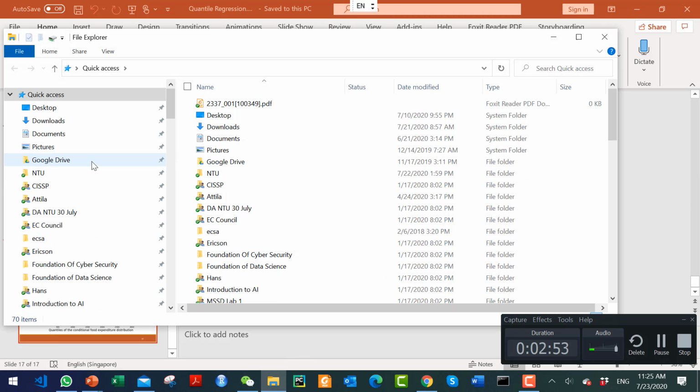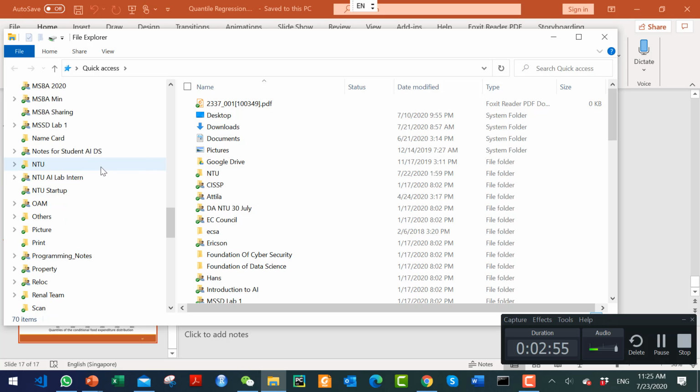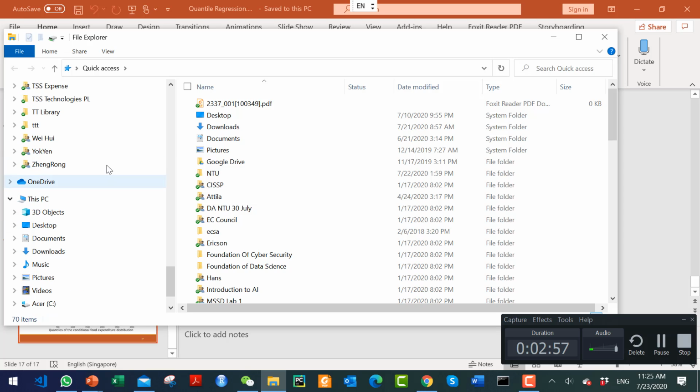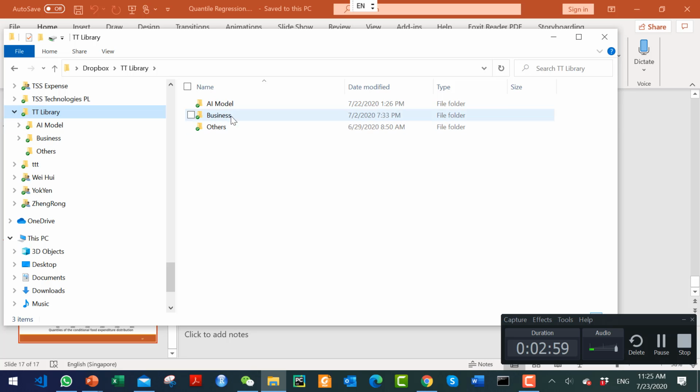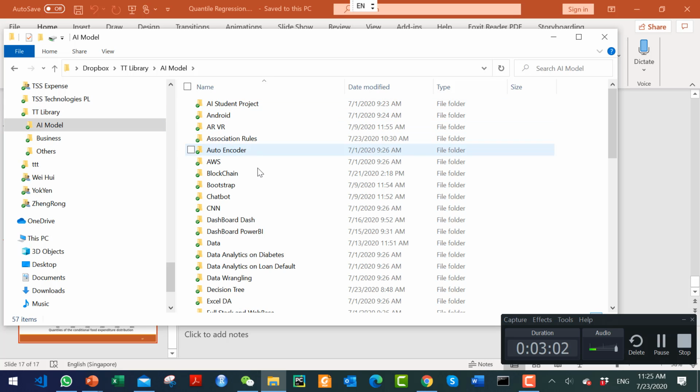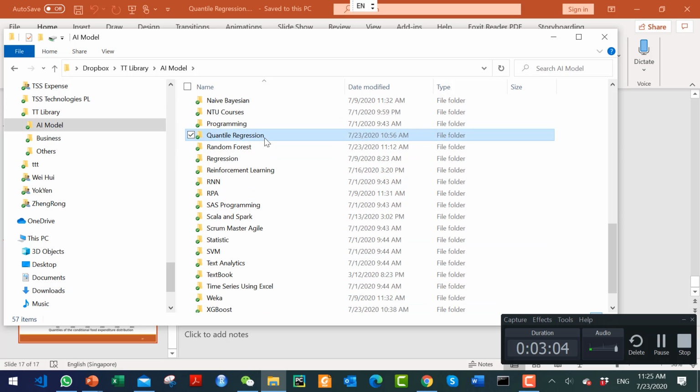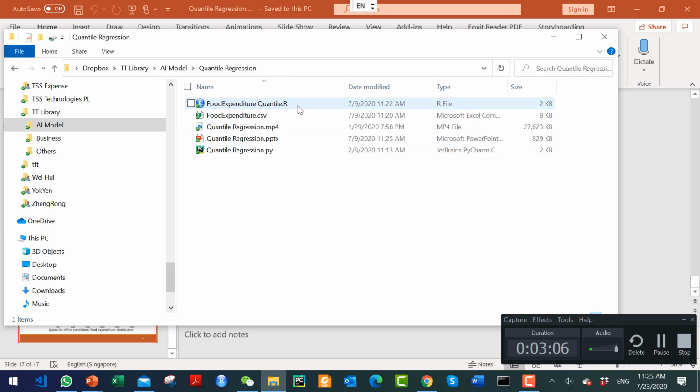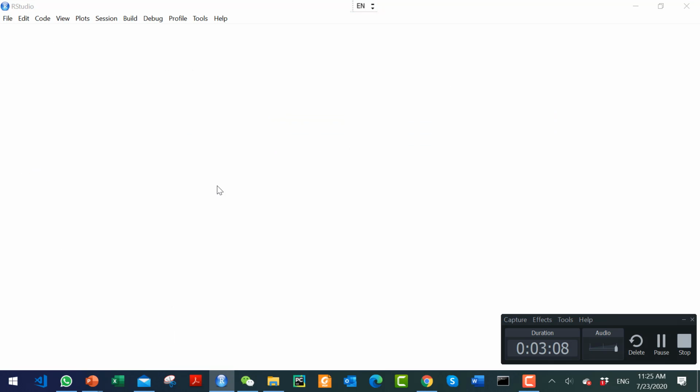For quantile regression, which can improve the results of regression with multiple lines, this is a food expenditure quantile.